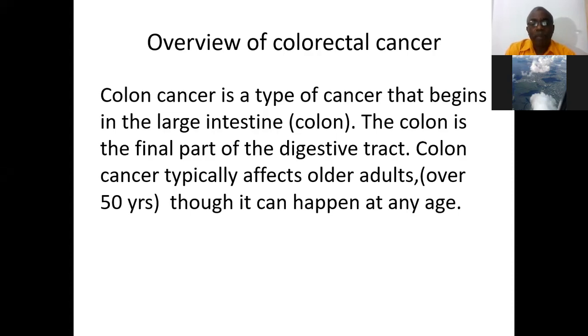Colon cancer typically affects older adults. We say typically. So if you are in a family where it is rampant, more than likely it will start before you reach age 50, though it can happen at any age.